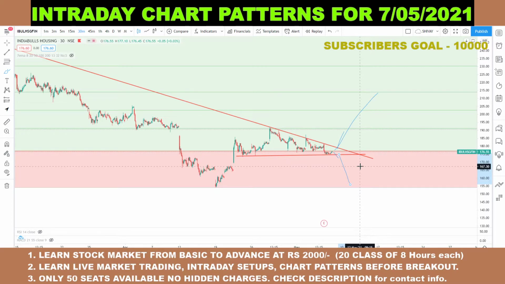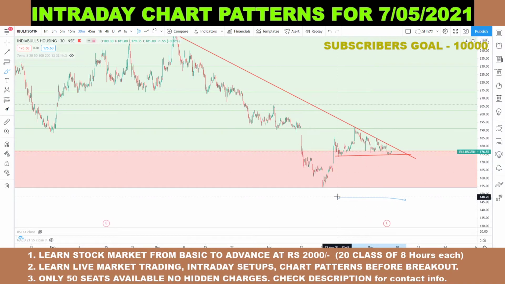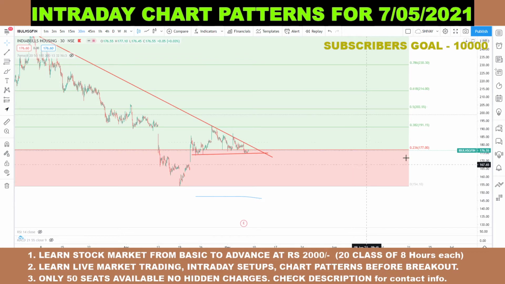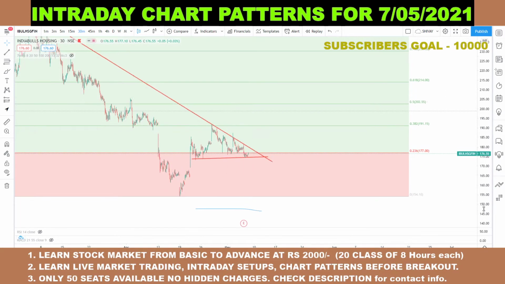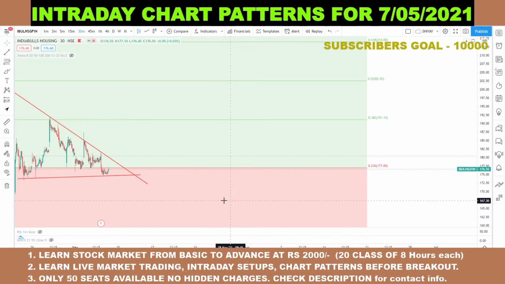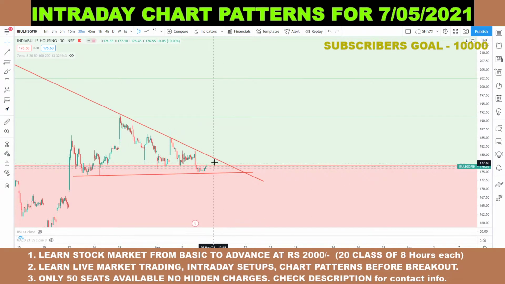Let any 30-minute candle give upside or downside breakout, then only consider buying or selling. Don't jump into 15-minute time frame in this stock. This is a very volatile stock. So trade only after the first 30 minutes. Okay, and if the stock manages to go above 177, 178, then only you will consider to buy this stock, but you won't buy at 177, 178.